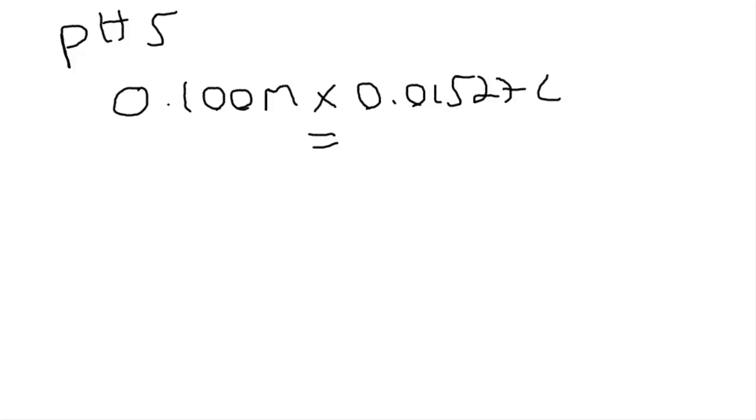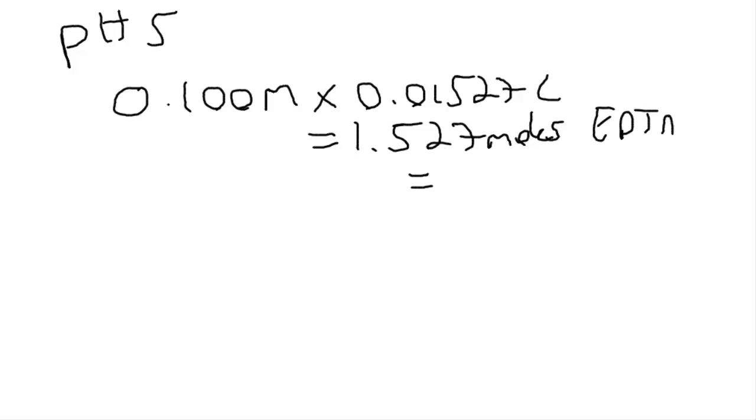And that's going to give us 1.527 times 10 to the minus 3 moles of EDTA. And that is equal to the sum of the moles of iron plus moles of calcium.